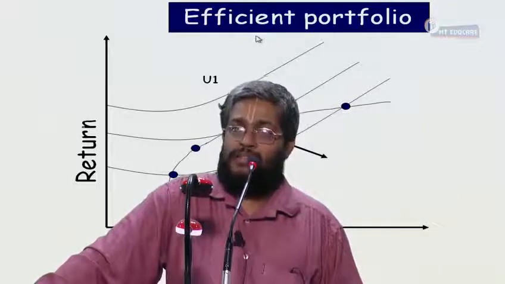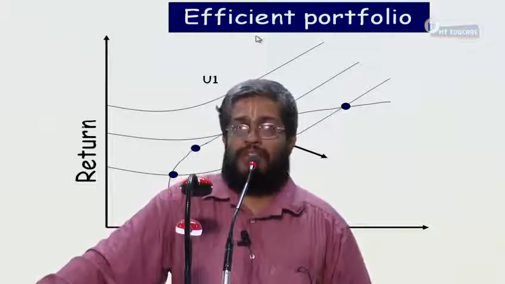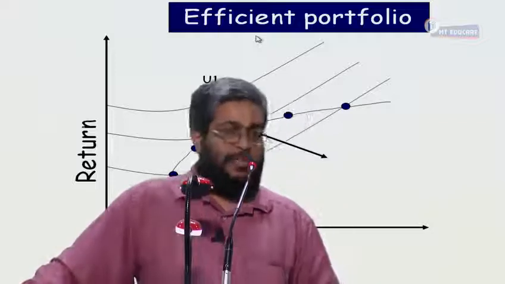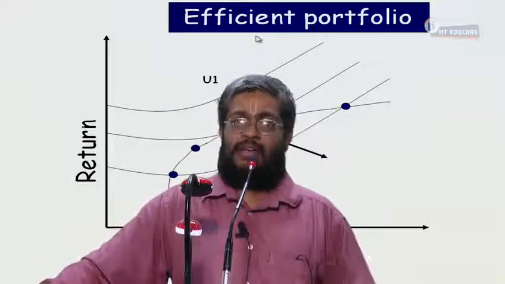In brackets, write: slope of utility curve.